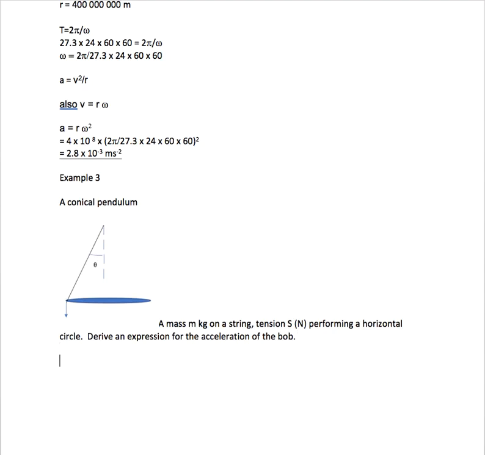So what we have here, of course, is a situation where we need to resolve the tension S into two components. If we resolve vertically and horizontally, that seems to make sense.